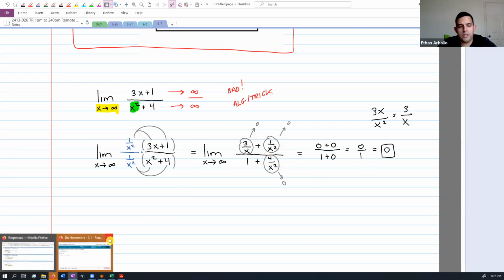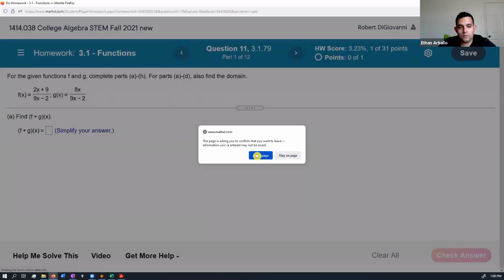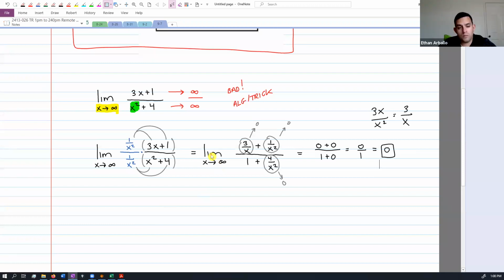So what we need to do is get to 0 instead of infinity over infinity. Well, the answer is not always going to be 0. If the answer was always 0, then I would just tell you anytime you see infinity over infinity, your answer is 0, but that's not the case.